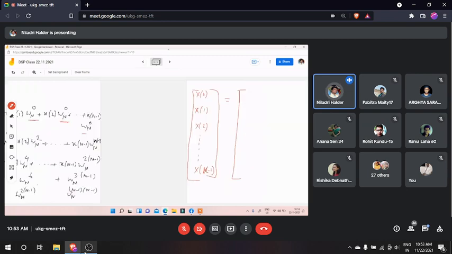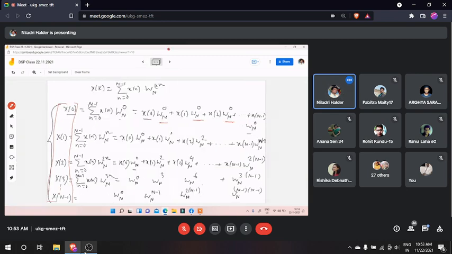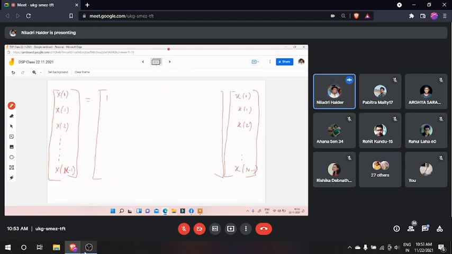So for the first line, WN0, WN0, WN0, WN0, coefficients for up to n-1 sample. So here, what we can write? WN0, WN0, WN0, like that, WN0 for 0 to n-1, means for n number of samples.